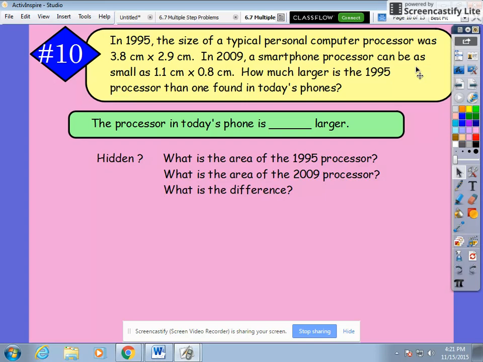And as soon as they give you two dimensions, 3 8/10 and 2 9/10, you're thinking rectangles, because rectangles are a two-dimensional figure and they're giving us two sides to it. So we need to find the area of the 1995 processor and the area of the 2009 processor.